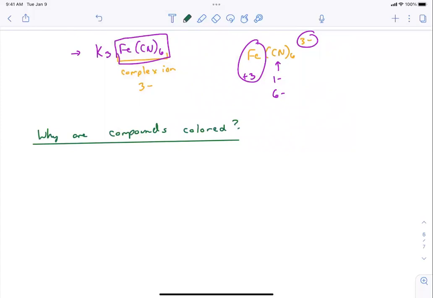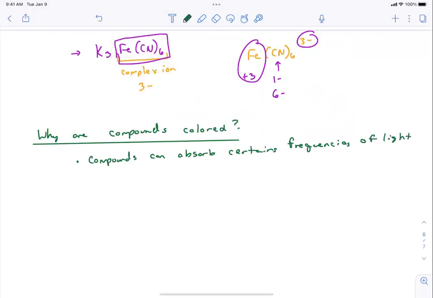One of the things you need to understand is that compounds can absorb certain frequencies of light and reflect the rest, which is what you see.